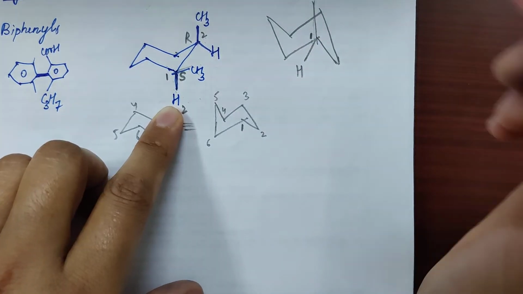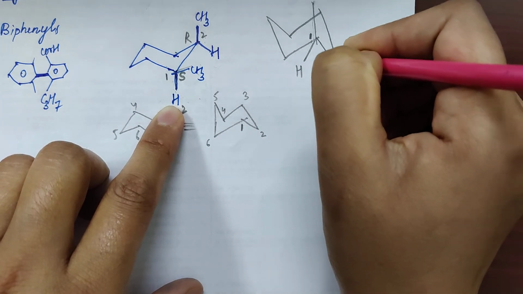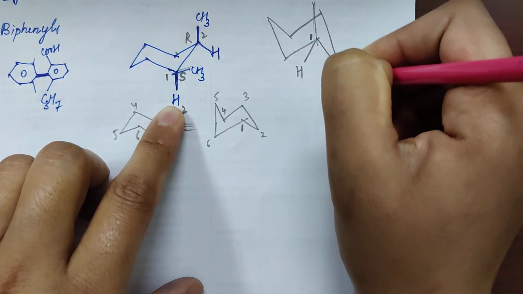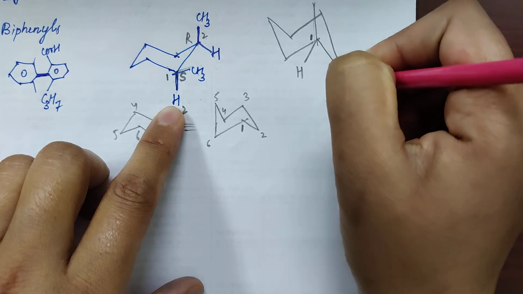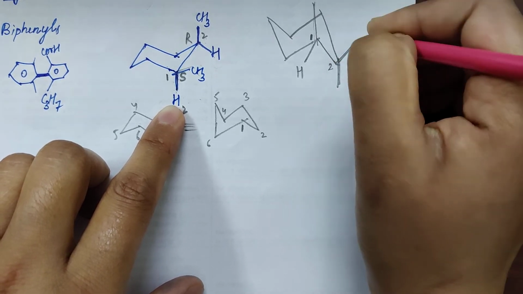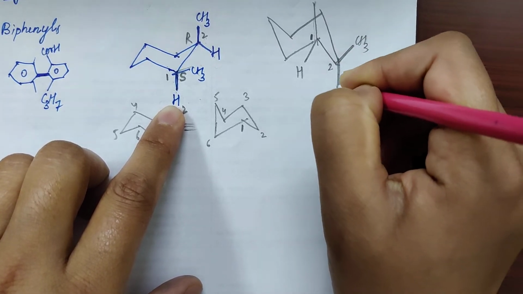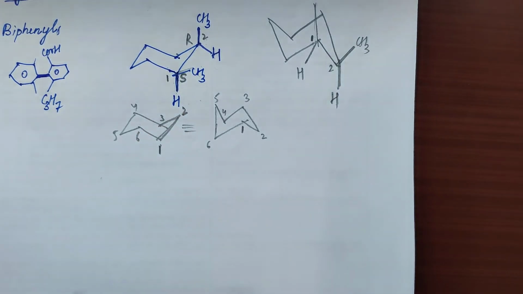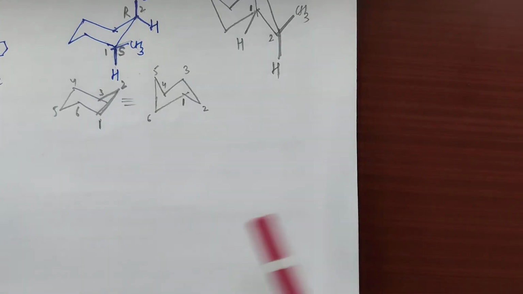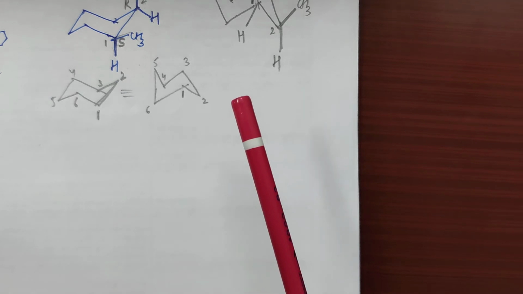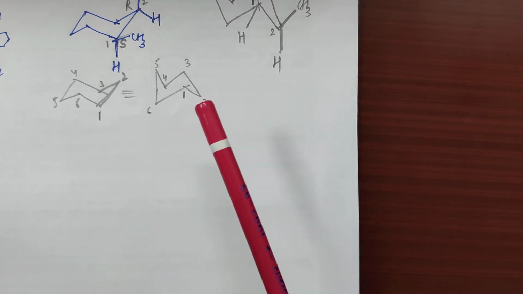Okay, something like this. For the second carbon, your methyl group was present on the axial, so it will go on the equatorial, and hydrogen will come on the axial position.